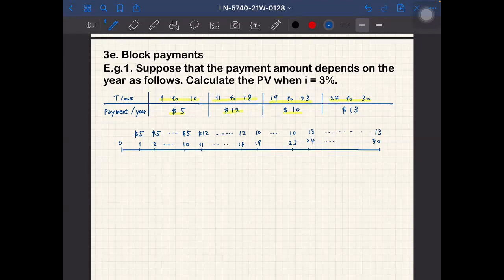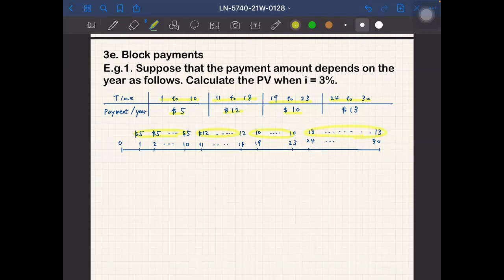So there are several ways to calculate the present value. We have the 4 blocks. If we calculate the present value of the 4 blocks one by one, then we can certainly get it.